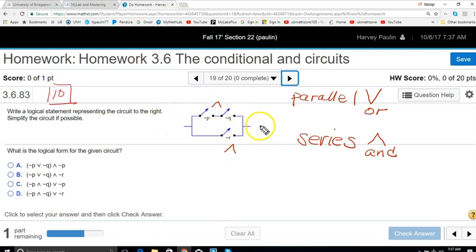So the whole thing represents an or, which is the inverted. So with that in mind, see if you can pick one out that looks like what we've just said. And I believe C to be the best answer. There's your and, there's your or, and that would be the representation of this circuit pattern in symbolic logic.